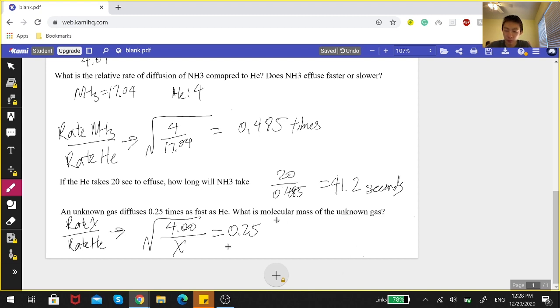We have 4.00 divided by X is equal to 0.0625. Now we divide 4.00 by 0.0625. That gives us X is equal to 64.0 grams per mole. And that unknown gas will travel 0.25 times as fast as He because it is heavier.